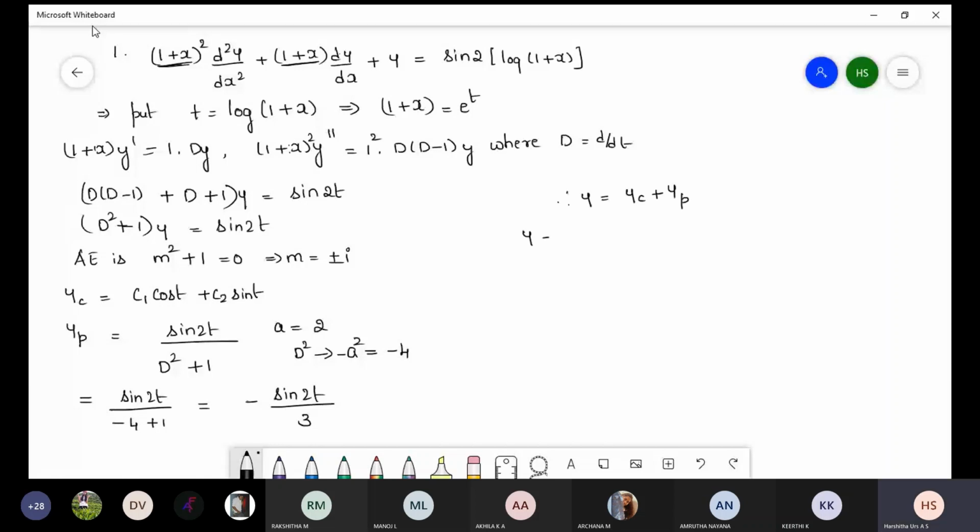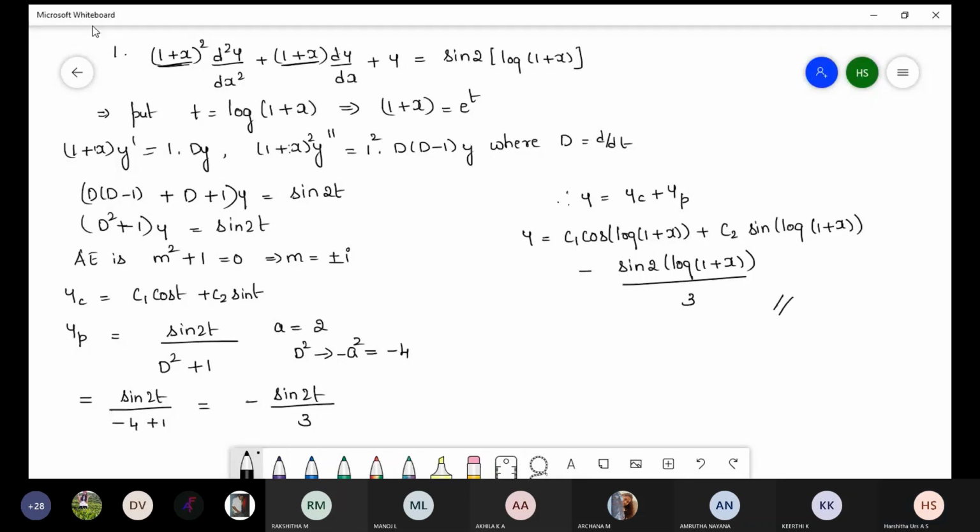Y is equal to c1 cos of log of 1 plus x plus c2 into sine of log of 1 plus x, minus sine of 2 into log of 1 plus x, whole divided by 3. This is the solution of the first problem under Legendre's linear equation.